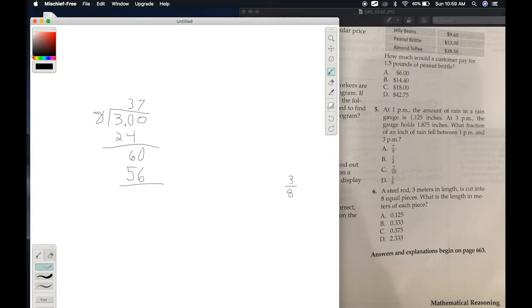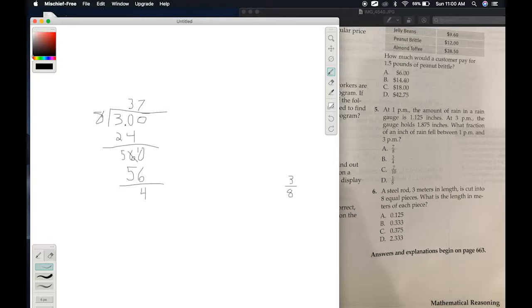So then 60 minus 56 is 4. I'm skipping out the little carrying and stuff because this should be easy to do in your head, guys. Otherwise, you go 6, borrow from the 6, make it a 5, make this a 10. 10 minus 6 is 4. 5 minus 5 is 0, so we don't put anything there. But either way, you get the same result.